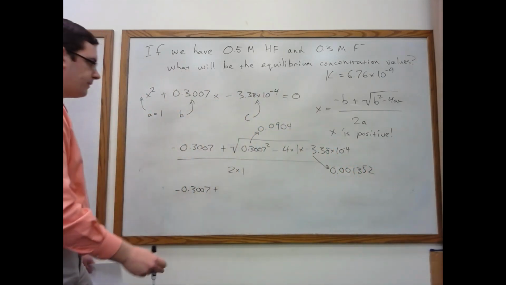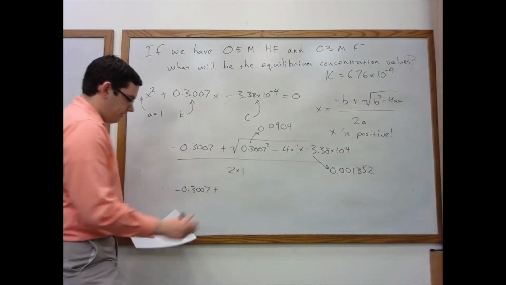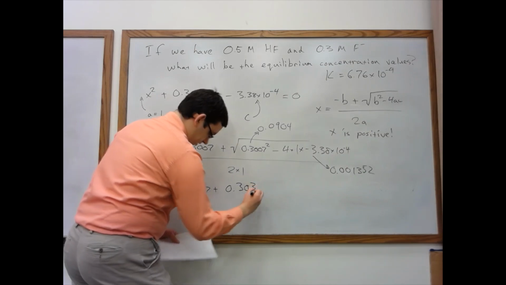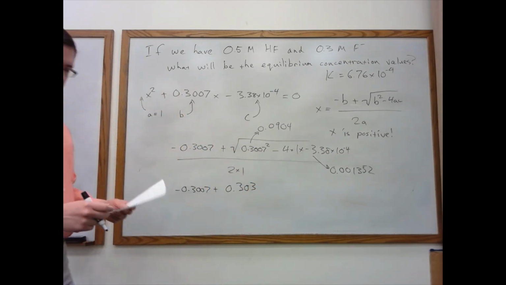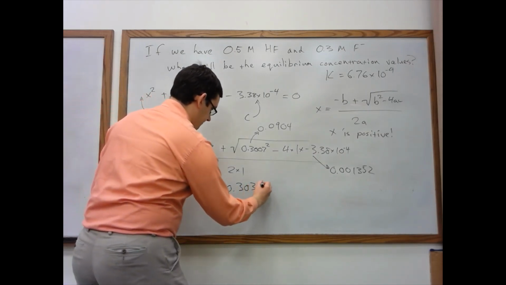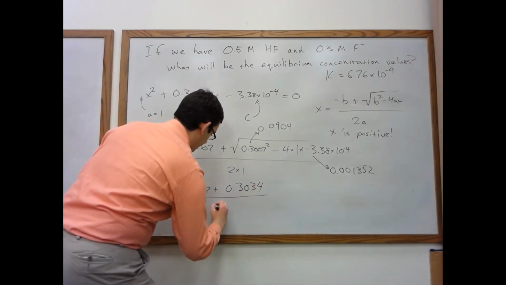And so when we combine these terms and take our square root, we get 0.3034, divided by 2.